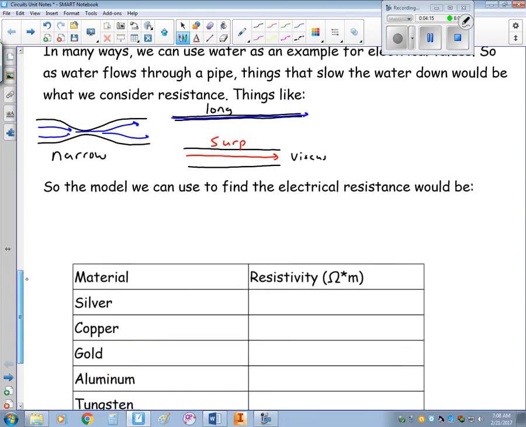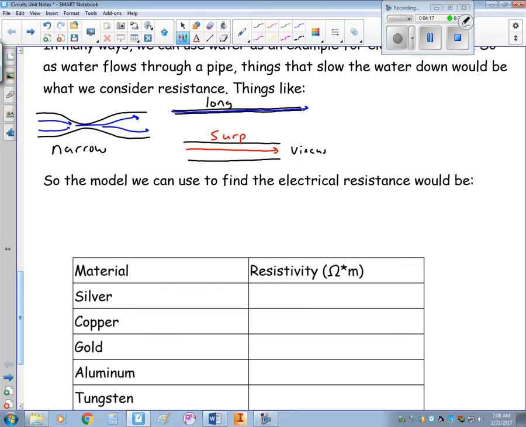So for electricity, the model we use to calculate resistance looks like this. In this one, rho is the resistivity, and it has units of ohm meters.